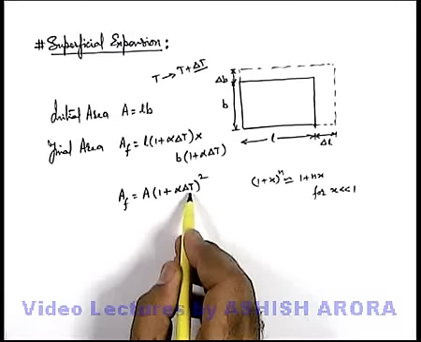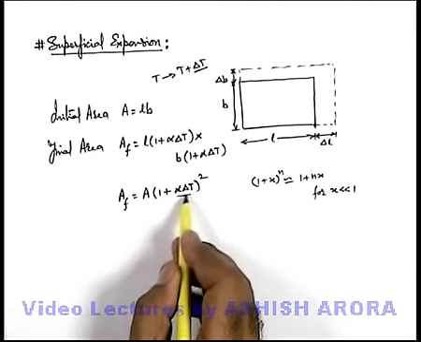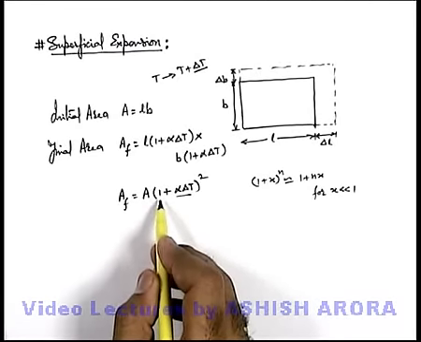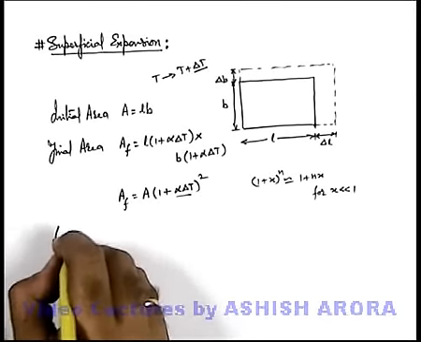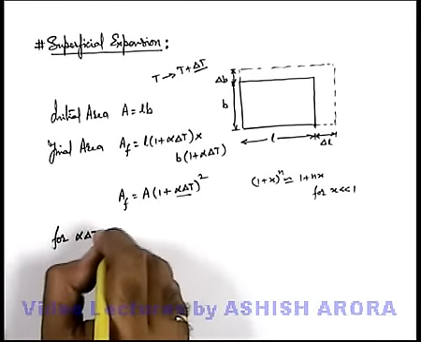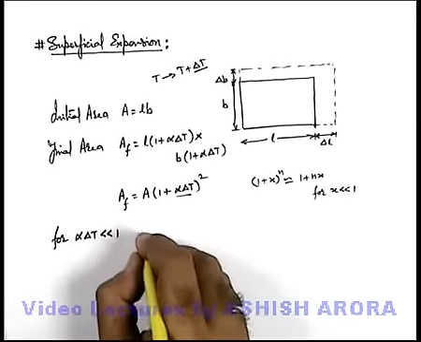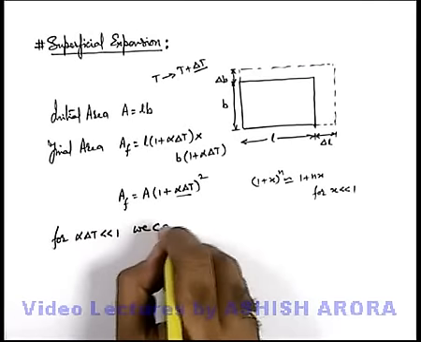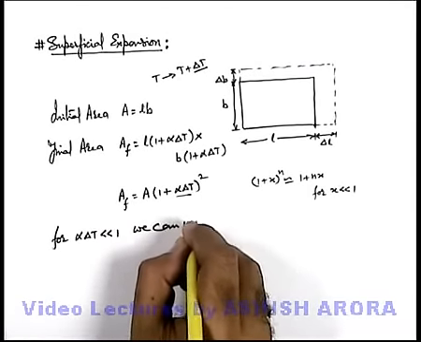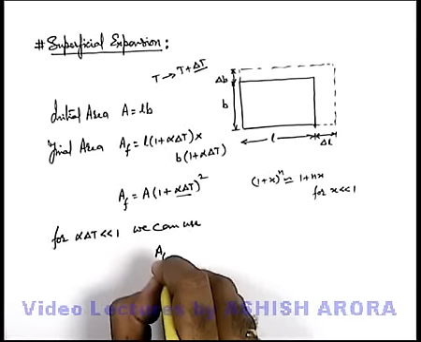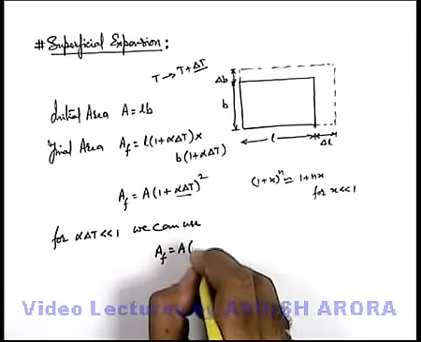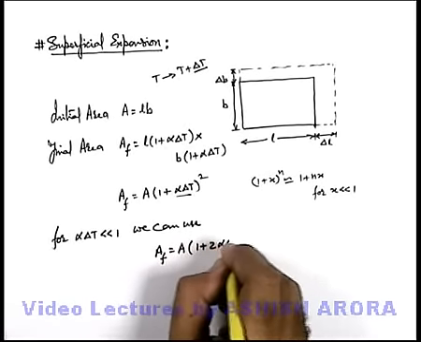So for small variation of temperature, this alpha delta T is also very less than 1. So we can write, for alpha delta T very less than 1, final area is equal to A into 1 plus 2 alpha delta T.